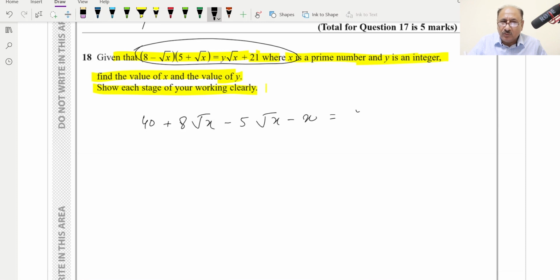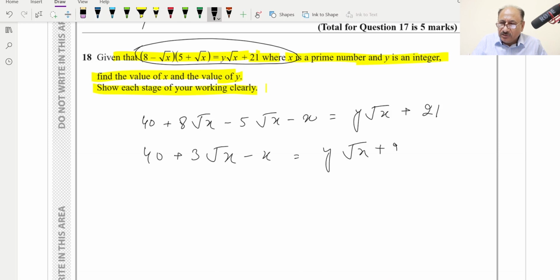So this is equal to y root x plus 21. Now we can simplify this. So this will be 40, and 8 root x minus 5 root x will be plus 3 root x, and minus x is equal to y root x plus 21.